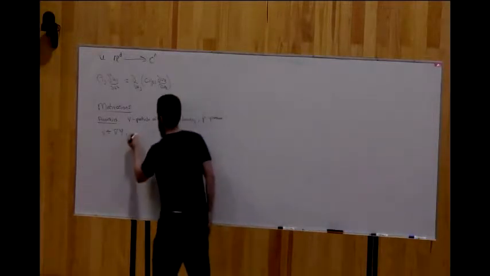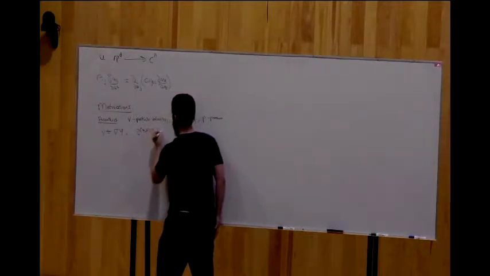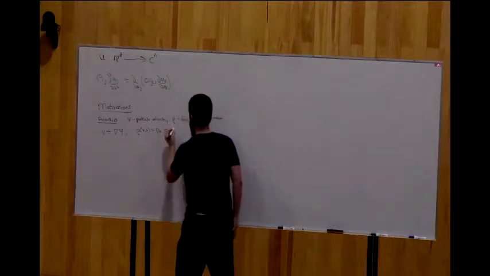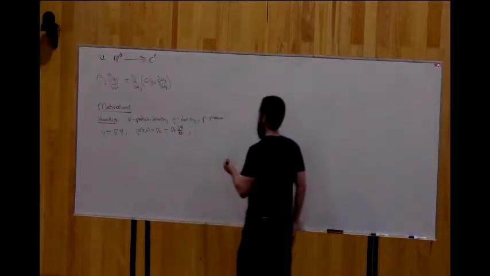We have the pressure P(x,t) is approximately equal to the constant pressure, and then minus the density again times by d phi by dt. Same thing for the pressure.